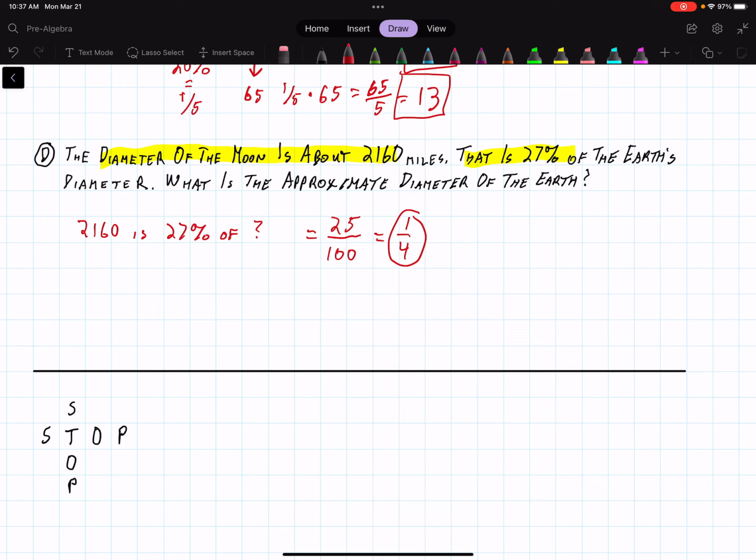So if we set it up like that, then we look at our keywords. Is is our equal. 27% is going to be written as 0.27, and of is our times, and the number is n here for the variable.